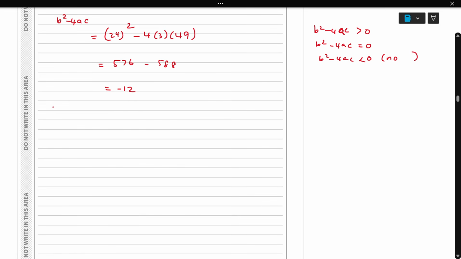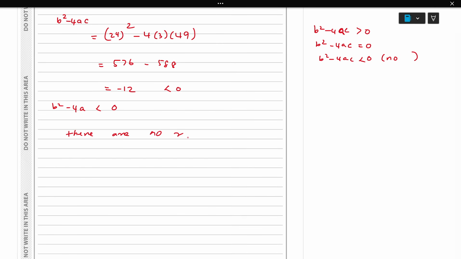Since b square minus 4ac is less than 0, therefore there is no real solution.